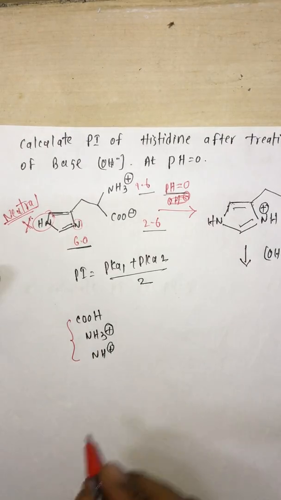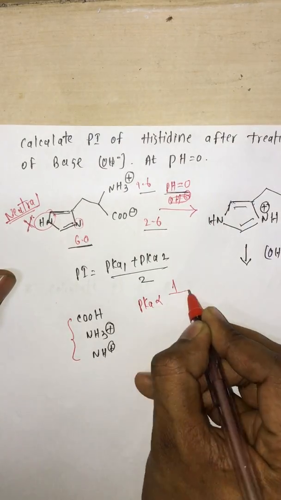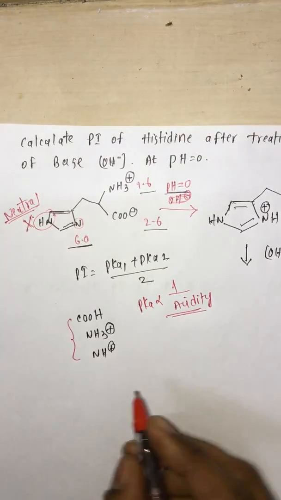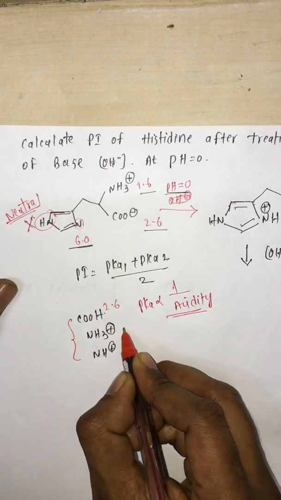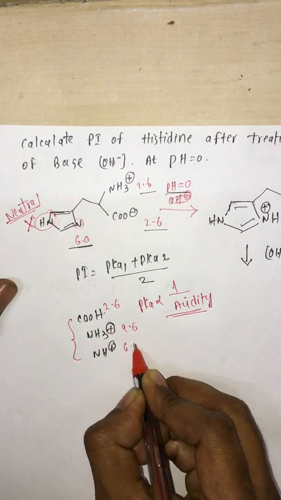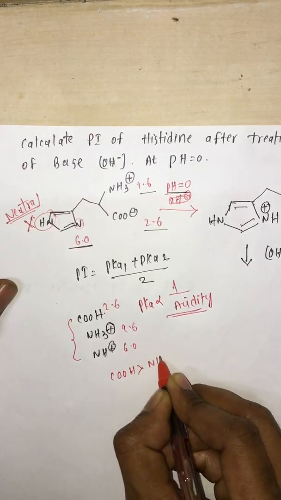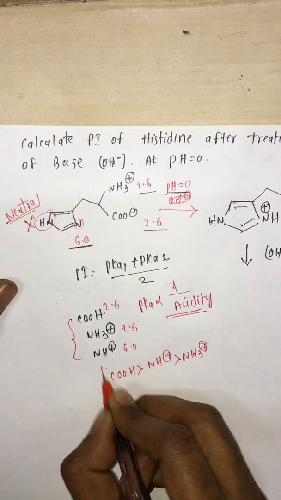So here we know that pKa is inversely proportional to acidity, right? The pKa of this one is 2.6, this 9.6, and this 6.0. The acidity order will be carboxylic acid most acidic, then NH plus, then NH3 plus.